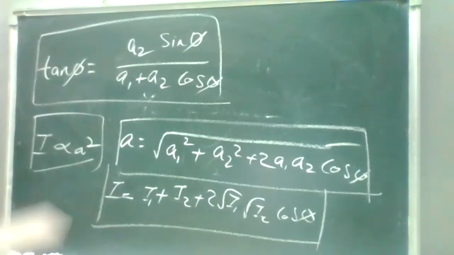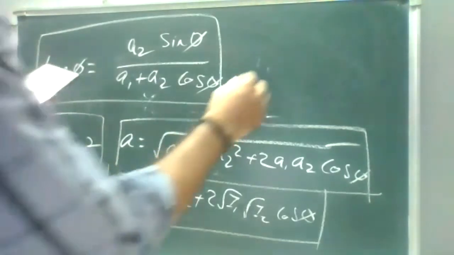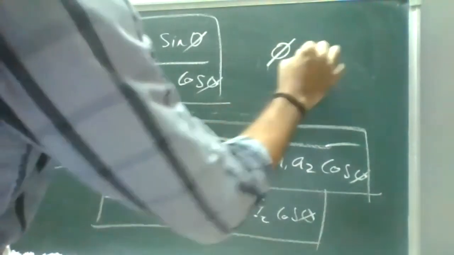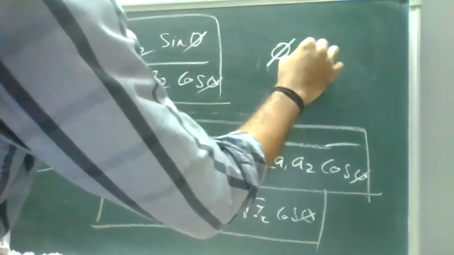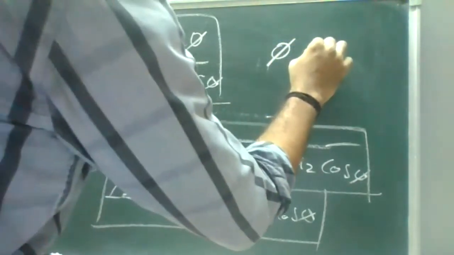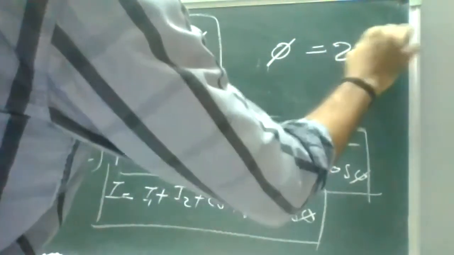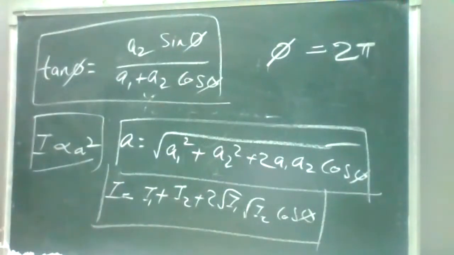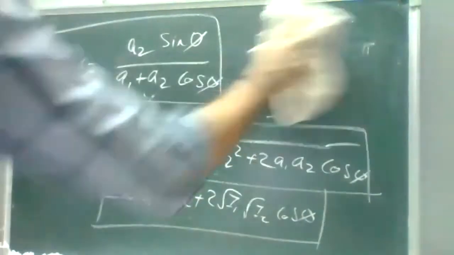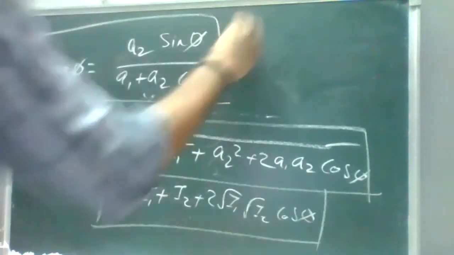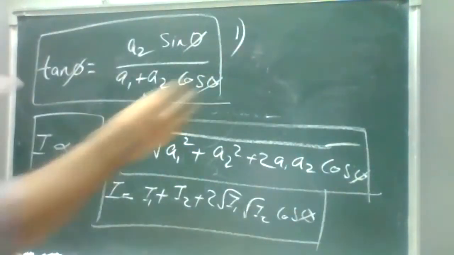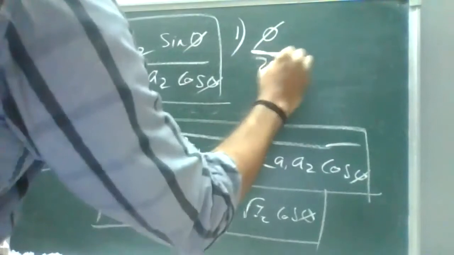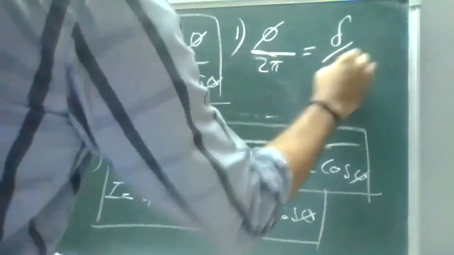So here the relation is phi is equal to 2 pi n. It is for consecutive difference. Make a relation: phi by 2 pi is equal to del by lambda.